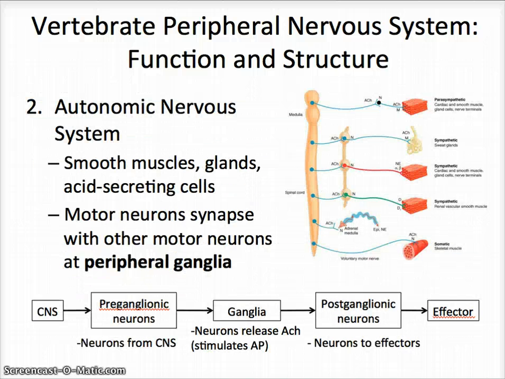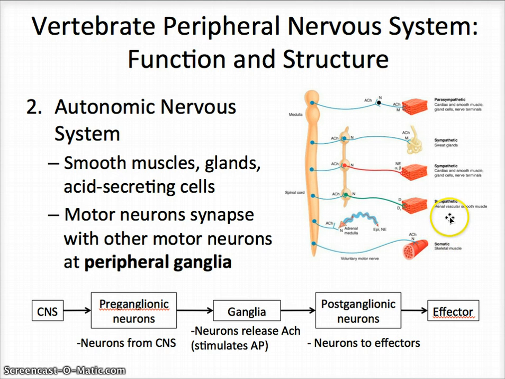In the autonomic nervous system, what is a little bit different is that the neurons are going to be connecting with other nerves. So if you look down here, we've got our spinal cord, which is our central nervous system, showing a voluntary motor nerve directly innervating our skeletal muscle. And this is our somatic peripheral nervous system.